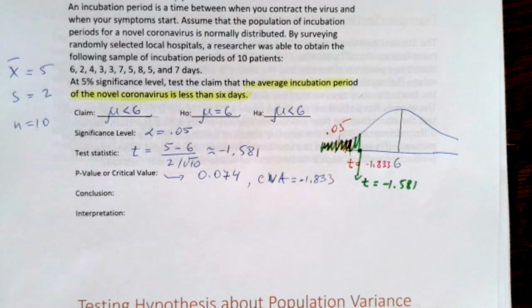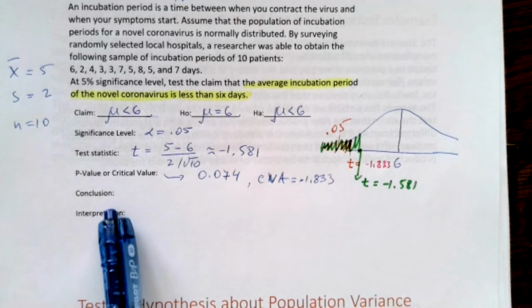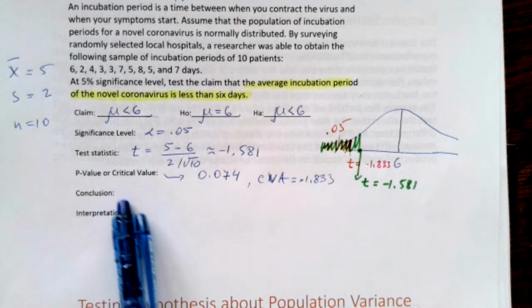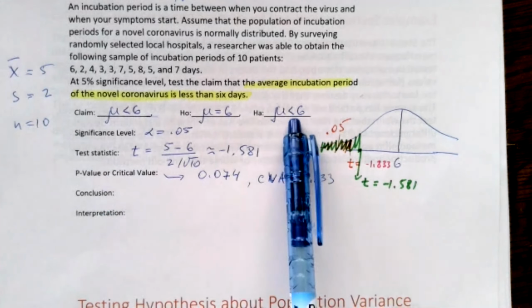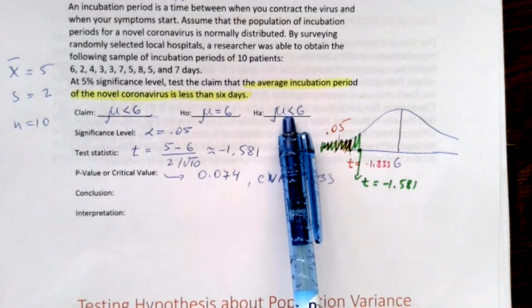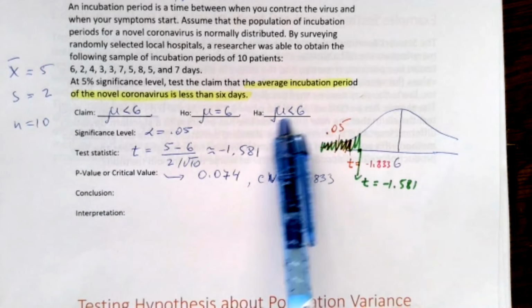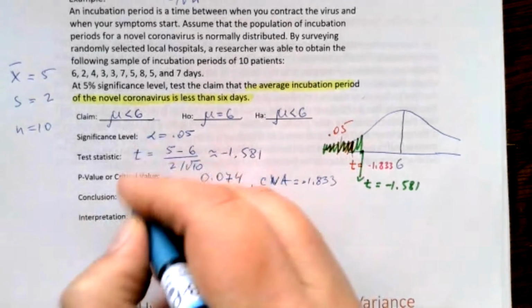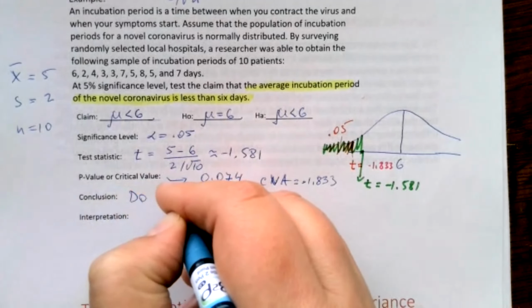Okay, so what's the conclusion then? The conclusion is we did not have enough support for our alternative hypothesis, so we cannot reject the null. So do not reject the null.